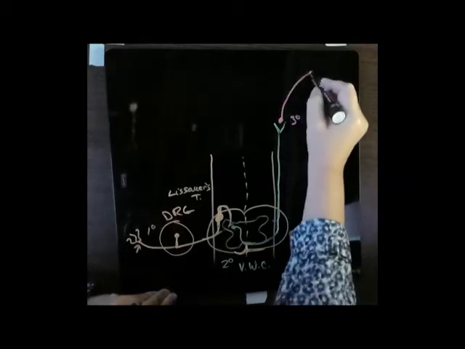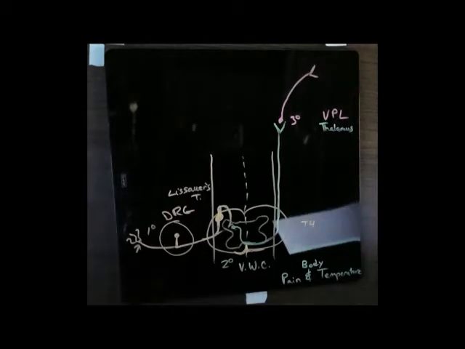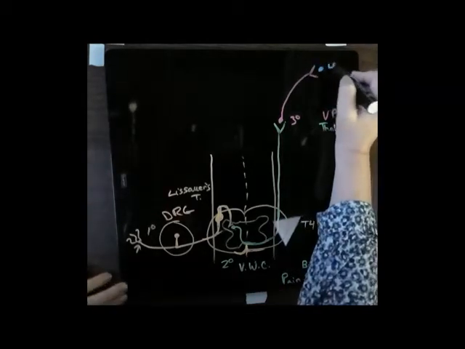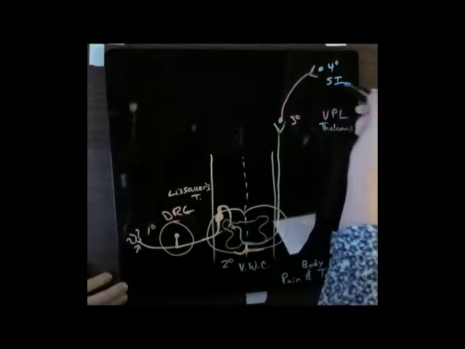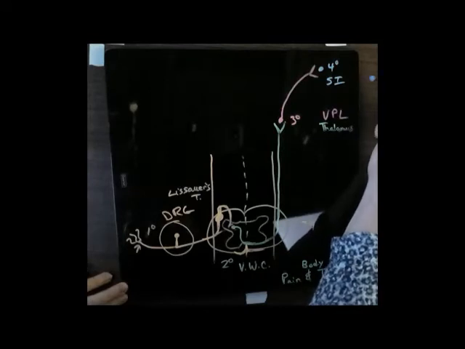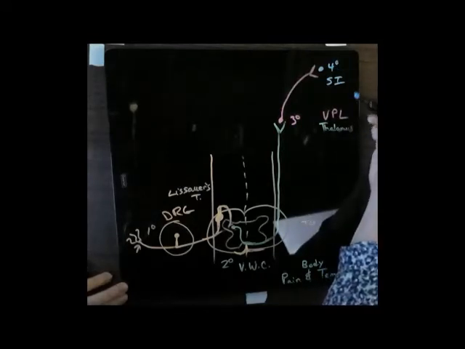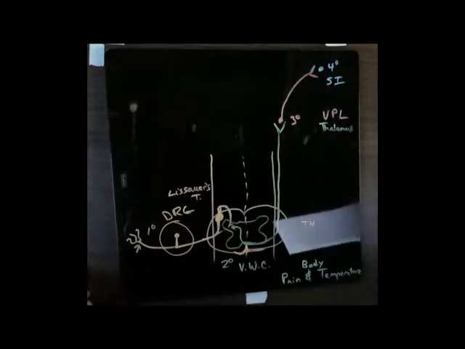Remember, they all ascend, they go over to primary somatosensory cortex. So that's the fourth order neuron in the pathway. This is primary somatosensory cortex, S1, also known as Brodmann's areas 3, 1, and 2, located in the postcentral gyrus. Okay, so now the information has reached consciousness.